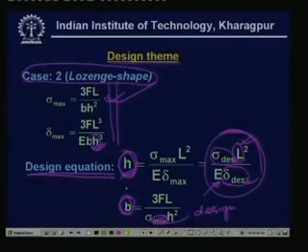So, once we find out the value of h and b, then one has to think along this line.